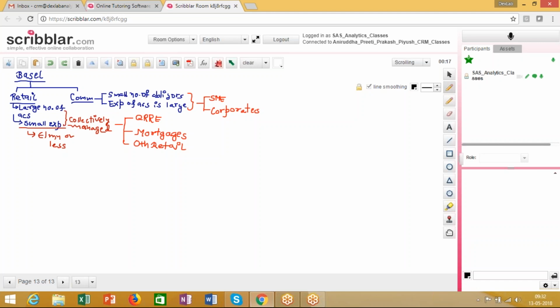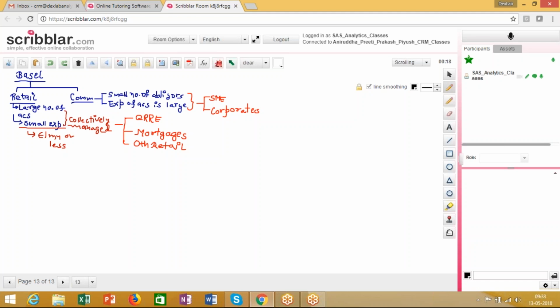On the other hand, the commercial portfolio is a portfolio where your obligors are firms, and given that they are firms, the number of obligors in a commercial portfolio is likely to be relatively lower compared to the retail portfolio.